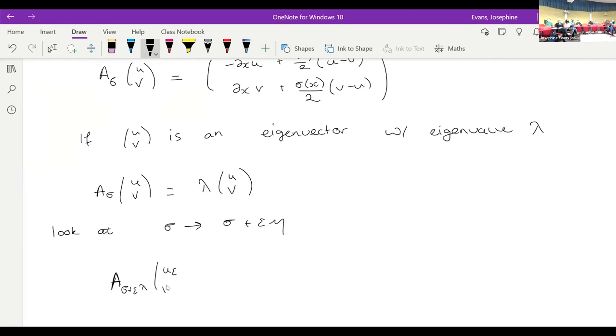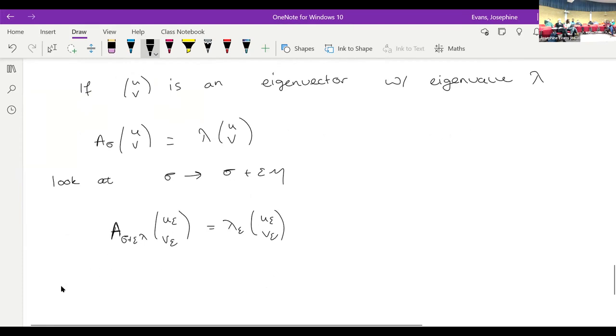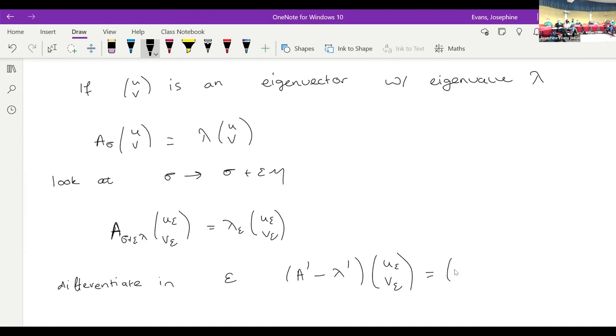So if I call this u epsilon, v epsilon, you can just differentiate in epsilon. And you get A prime minus lambda prime u epsilon, v epsilon is equal to A minus lambda u epsilon prime, v epsilon prime.